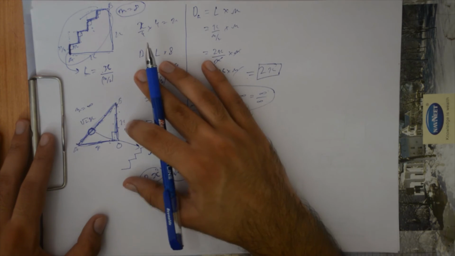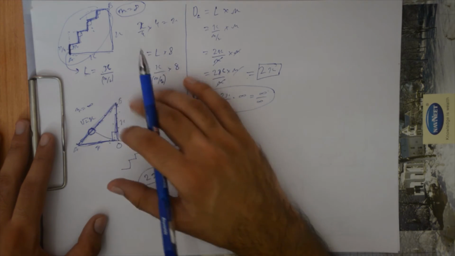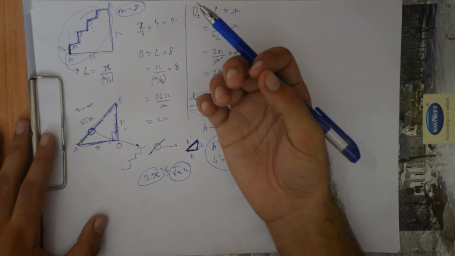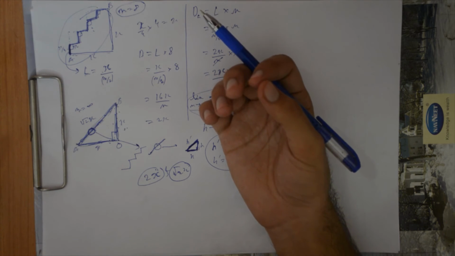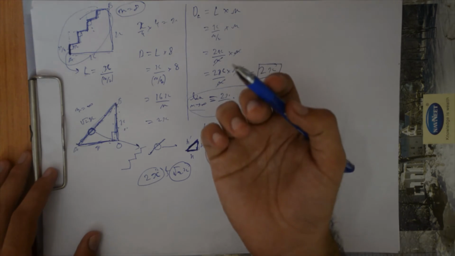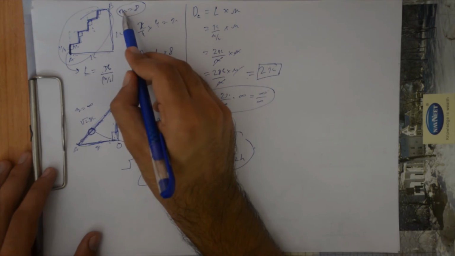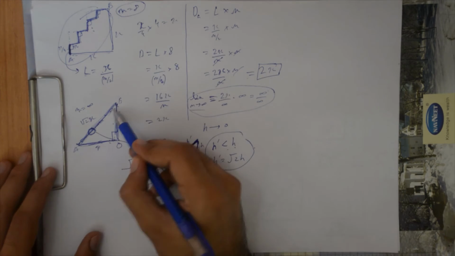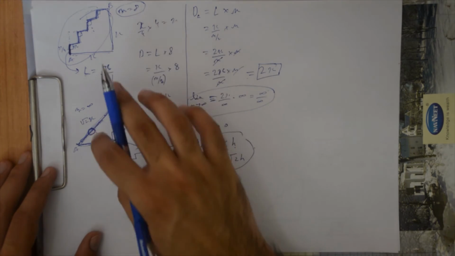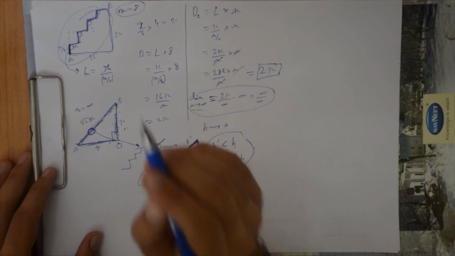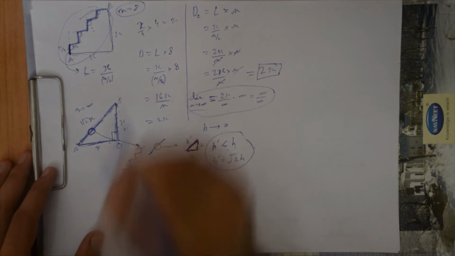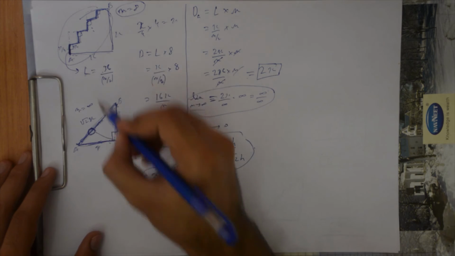It is explainable, and it's basically just a small thing which we thought was intuitive, but it is actually not. Our intuition tells us if we tend n towards infinity, it will become a diagonal, but actually it does not become diagonal.